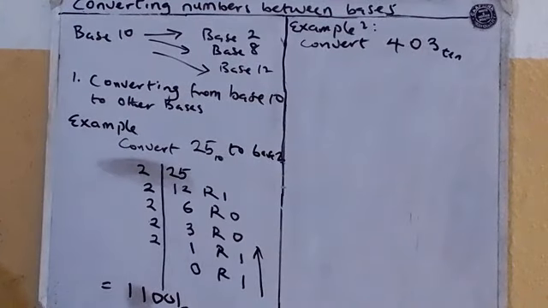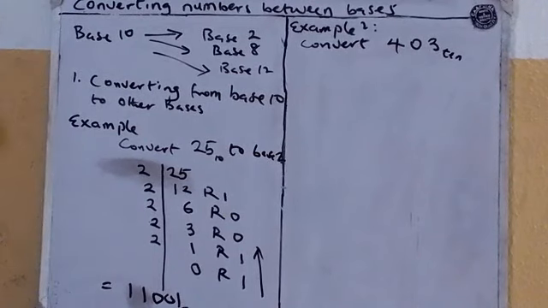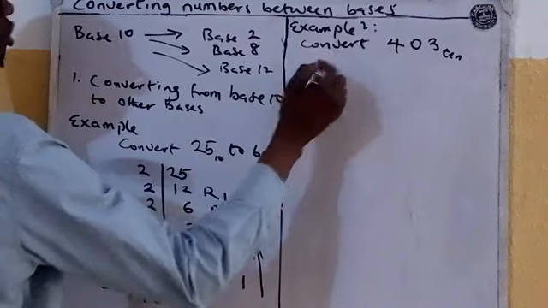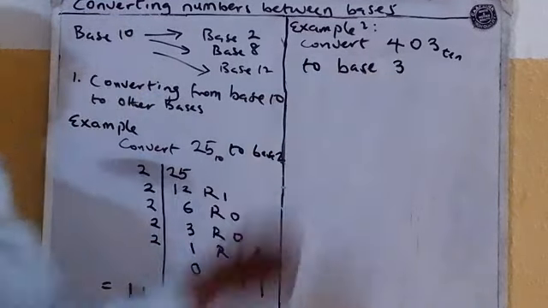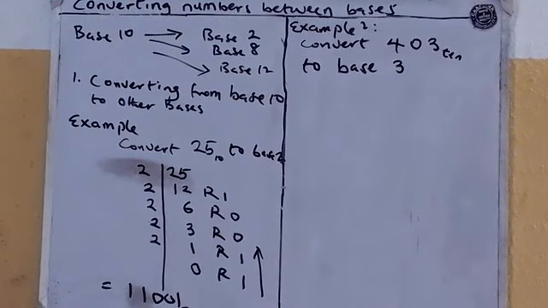Instead of writing subscript 10 figure, I can write 10 in letters. So convert this one to base 3. So remember I said converting from base 10 to other bases is continuous division until you get to 0, then aggregate the remainders. So how do we go from here?